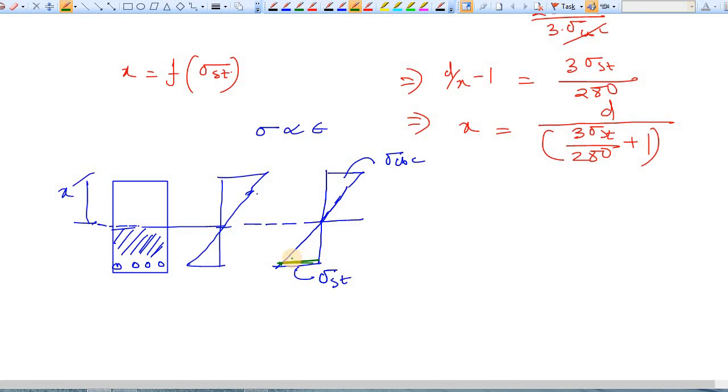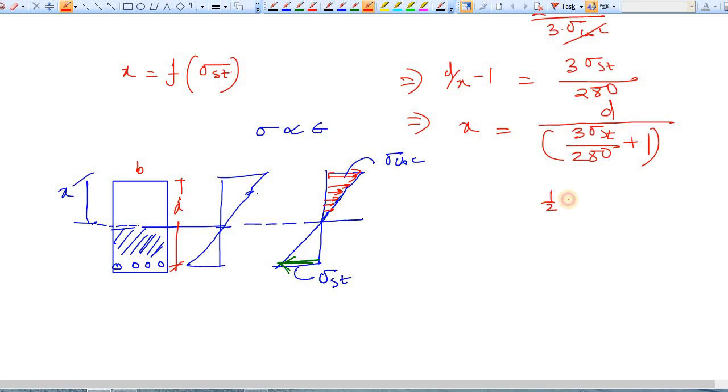This is the only stress acting in steel, and for concrete this is the compressive stress acting throughout this depth up to neutral axis. So this is the triangular distribution. We can say that the resultant stress or total stress is, if width is b and depth is d, this is the depth up to reinforcement. So what is the total area of this triangular section?